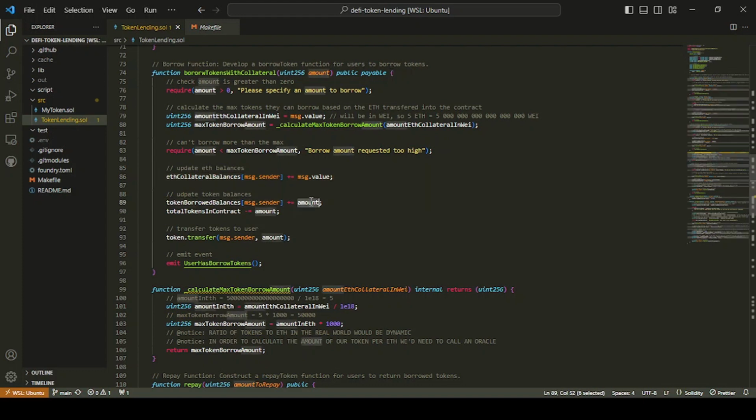We add 4,000 to the amount that's borrowed, and we transfer the tokens out. We've already transferred the ETH in using message.value, so that's the collateral. We call IERC20 transfer and send to message.sender the amount they requested, because it's passed here and that's acceptable. And then we emit an event. So that's our borrow tokens function.